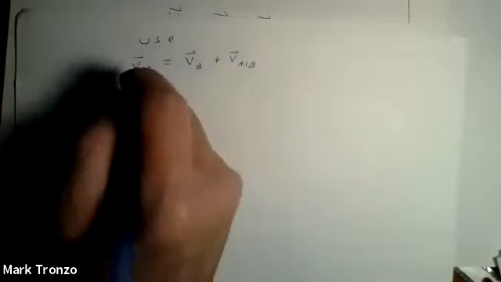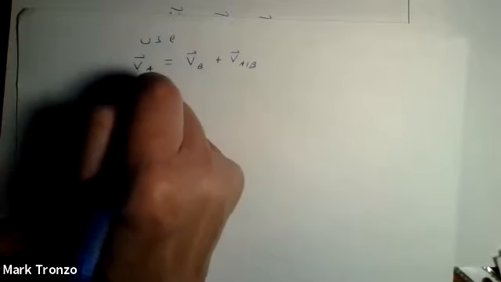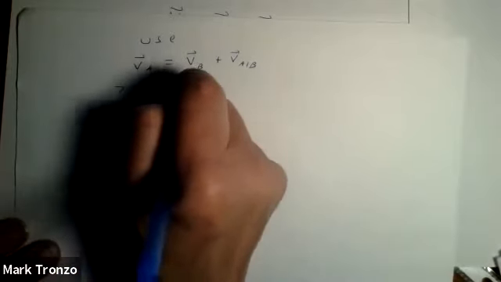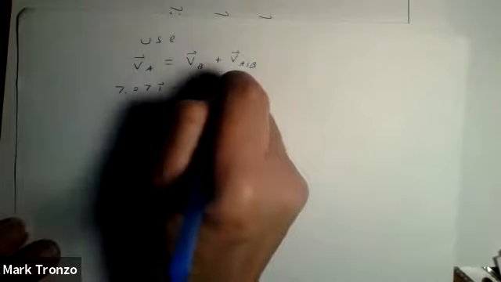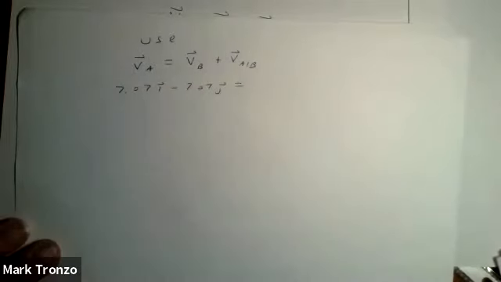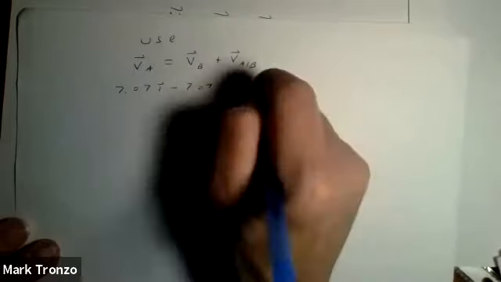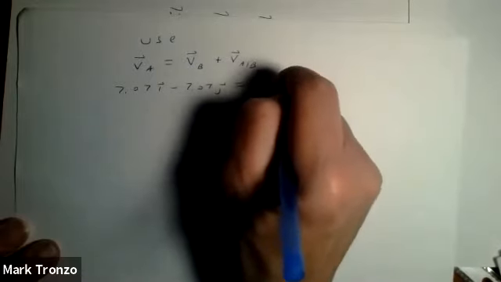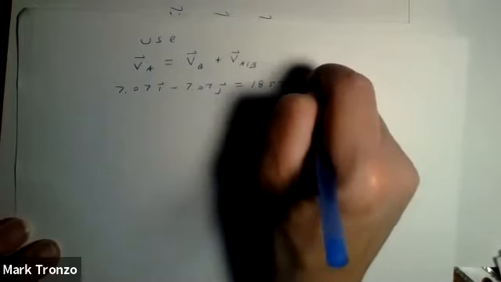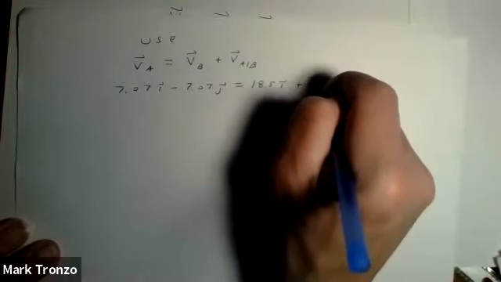And for VA, we had 7.07 I minus 7.07 J. And for VB, we had what, 18.5 I plus velocity of AB.